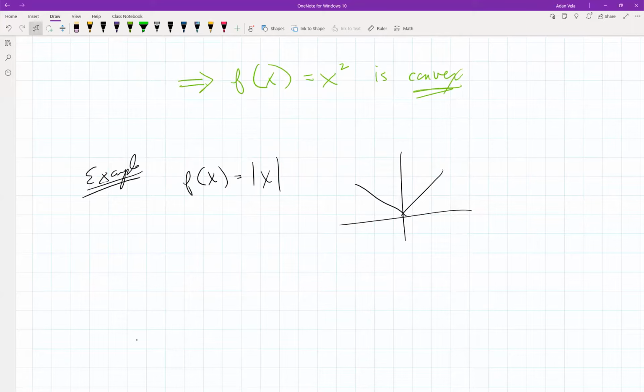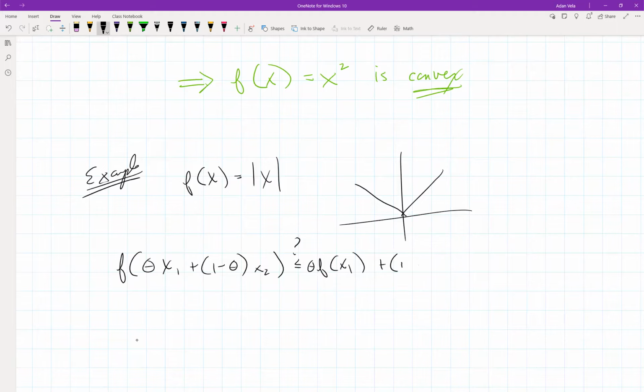We're going to apply Jensen's again, so let's go ahead and state Jensen's. This is the inequality that we want to verify. All right, so let's start plugging in values.